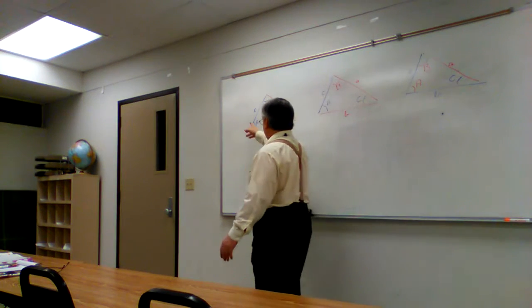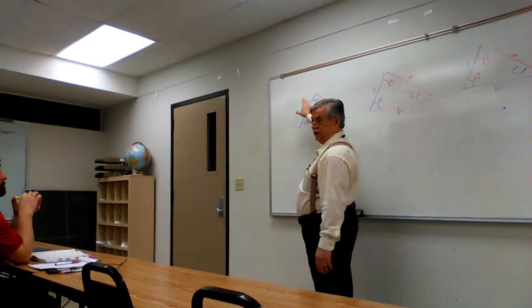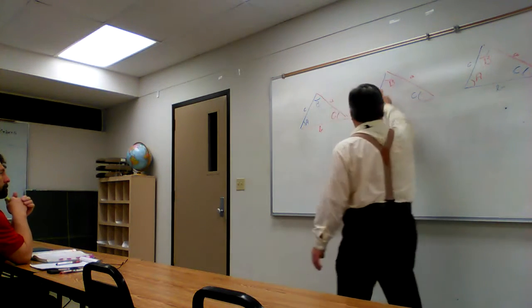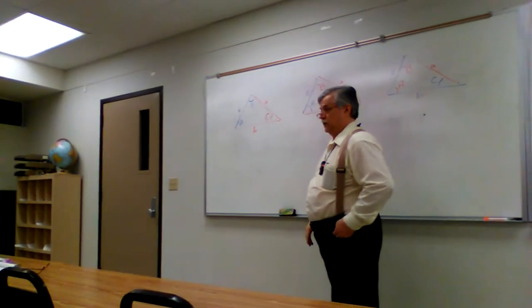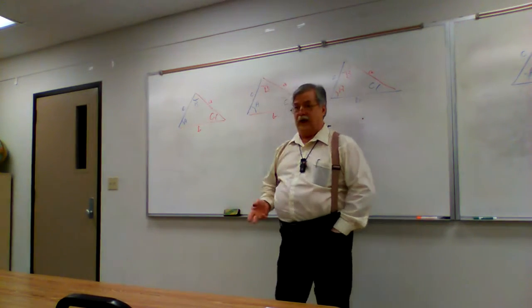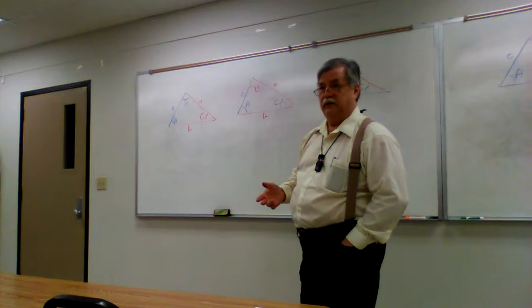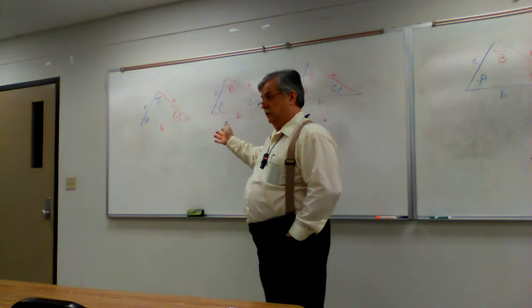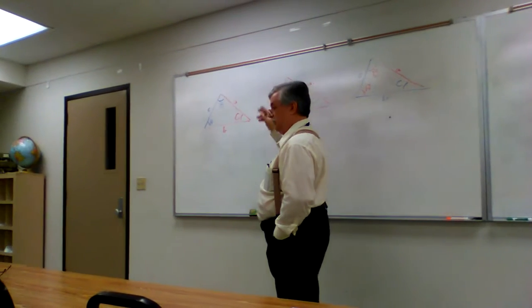So in this case, you know the side C, and you know the two angles A and B. Or you know side C, and you know the two angles A and C. Doesn't really matter which is which. If you know one side and two angles, then you can use the law of sines to solve for the rest of the triangle, to determine the other two sides and the third angle.